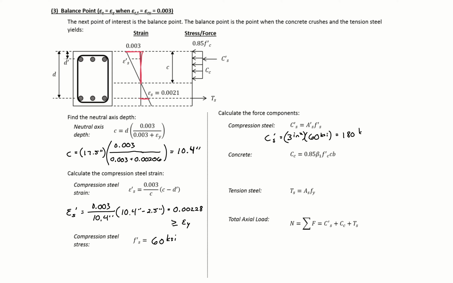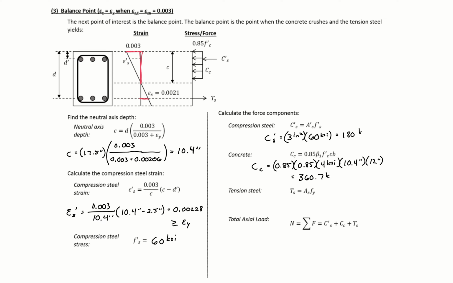And then our concrete component, 0.85 times 0.85 times 4 KSI times our C, 10.4, times B, 12, which will give us a force component here of 360.7 kips.